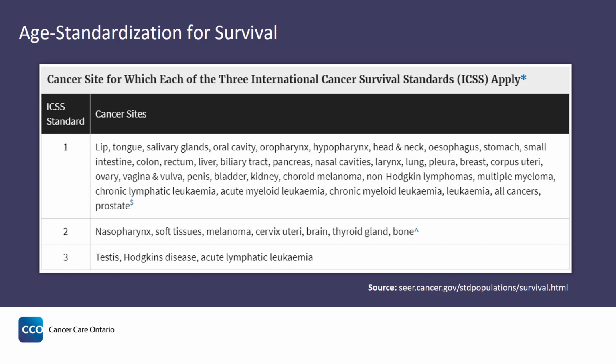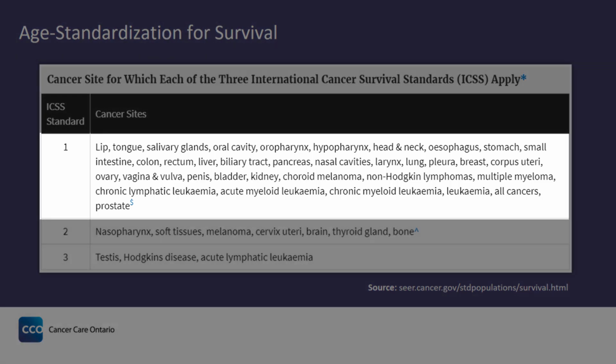Before we get into the analysis, we will briefly discuss age standardization for survival. According to the International Cancer Survival Standards, or ICSS, there are 3 different weighting standards that should be used to age-adjust survival statistics. These 3 groupings are defined by the pattern of incidence by age for different cancer types.